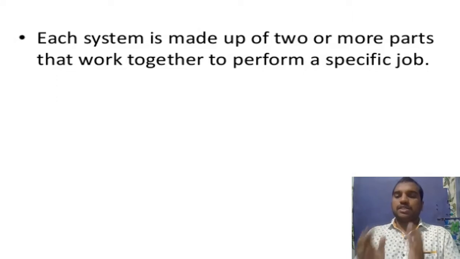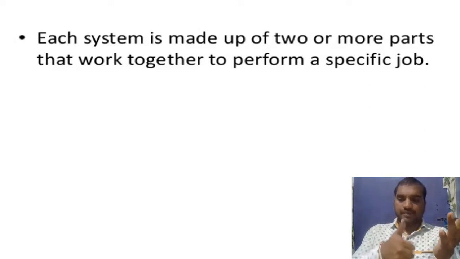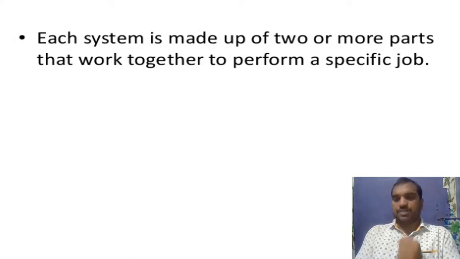For example, the transmission system is a combination of clutch, gearbox, universal joint, propeller shaft, another universal joint, and differential. These six parts combined are known as the transmission system.